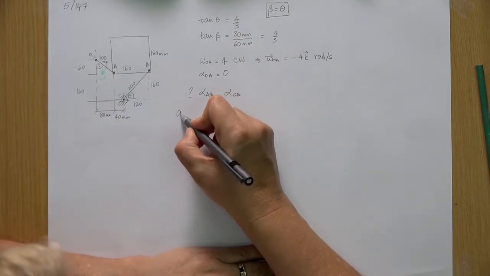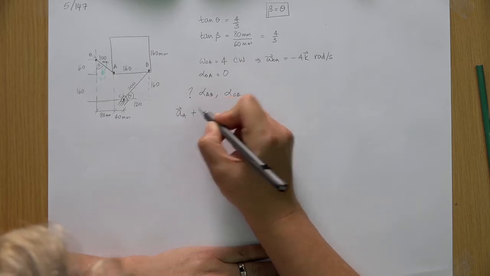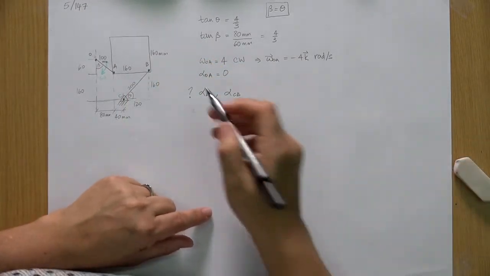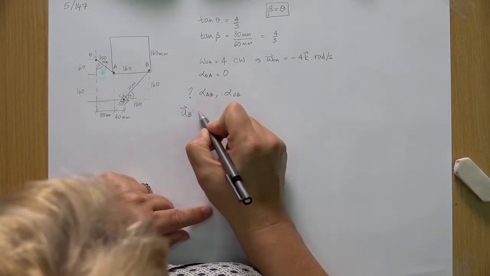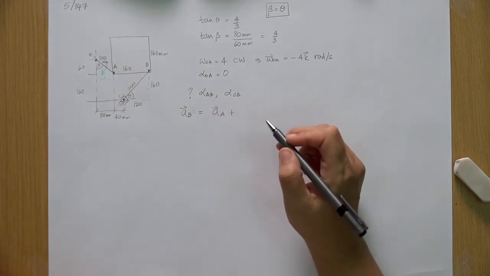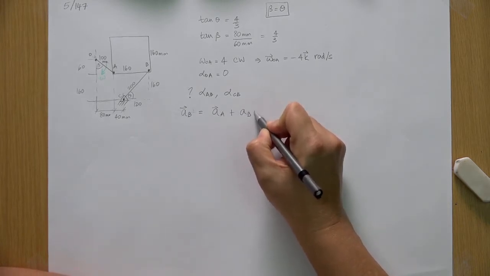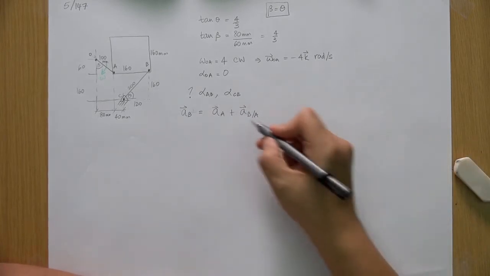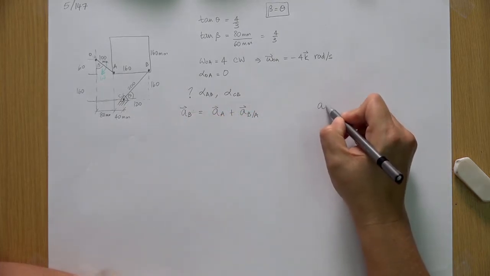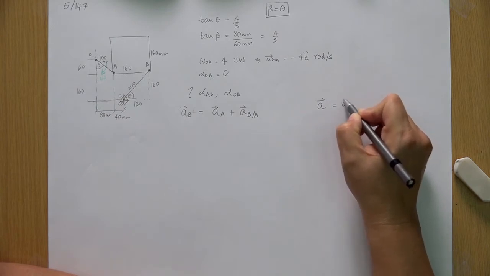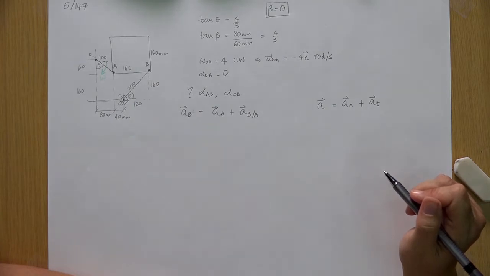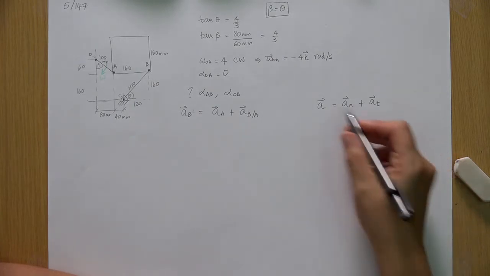So I'm going to solve a relative acceleration problem. I'm going to write this the other way around. I know a_A, I'm going to write a_B equals a_A plus a_B relative to A. Once we're talking about accelerations, remember that acceleration can be broken into normal and tangential components.